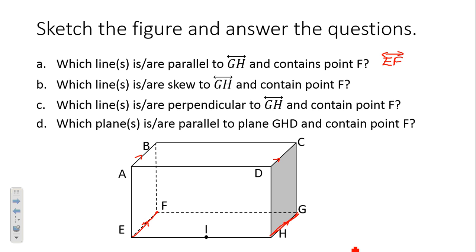Okay. Which line is or are skew to GH that contain point F? Skew to GH and contains point F. So if you didn't get it in your notes, remind me, what are skew lines?